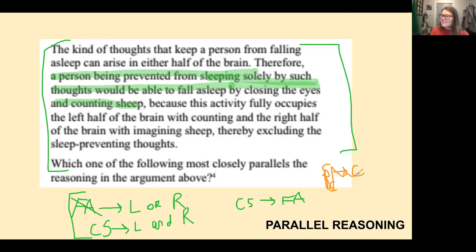Did anybody else have a different one? Can I try? Julian. Okay, I put if you're overweight, then you have high cholesterol or a thyroid problem. Can you say it again? You have high cholesterol or a thyroid problem. I don't know, I'm just making stuff up.